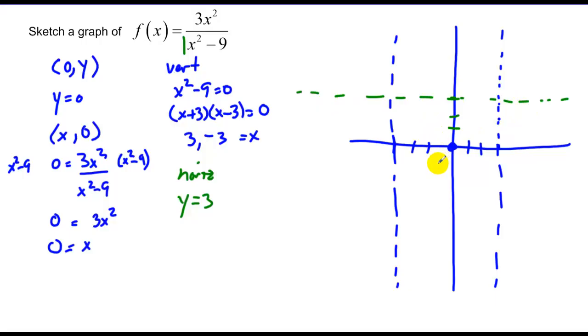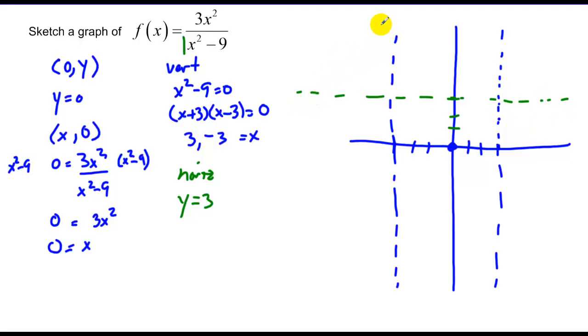Now you'll notice once again that I only have one intercept, so I know it's got to go through this point. On this side, it's not going to go through this axis, and it's not going to go through this axis over here because there are no intercepts there. Yet, the graph has to approach this line up here and this line up here as I get very big positive and negative.